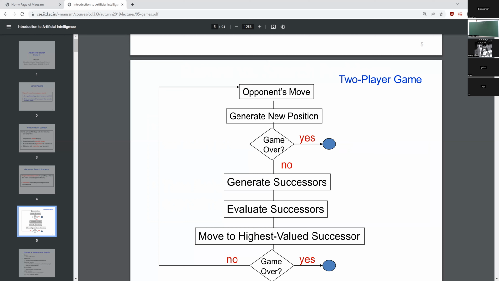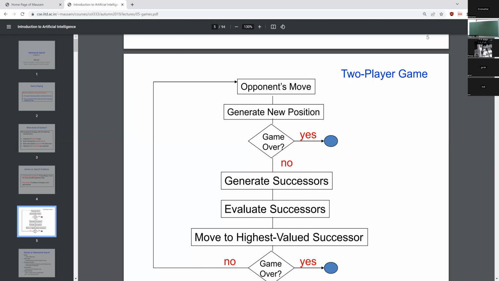If the game can continue, then the AI agent should generate the successors. From the current state, what all next moves can be applied, and due to the application of those actions, what are the new successor states? In the example of chess, what are the new board configurations that could be generated?